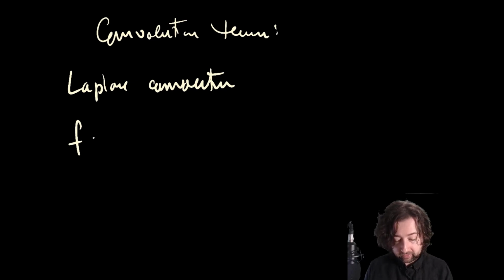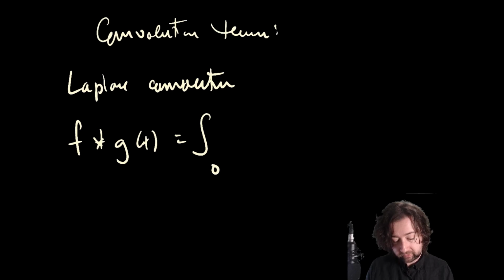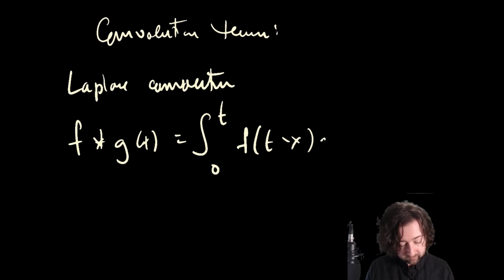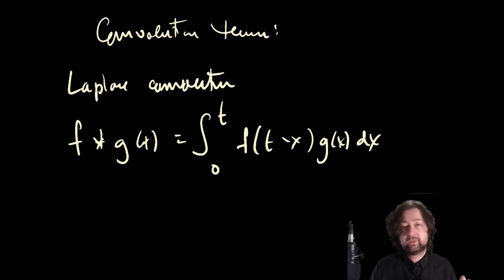So f convolved with g of t is equal to the integral from 0 to t of f of t minus x g of x dx. There's a convolution.